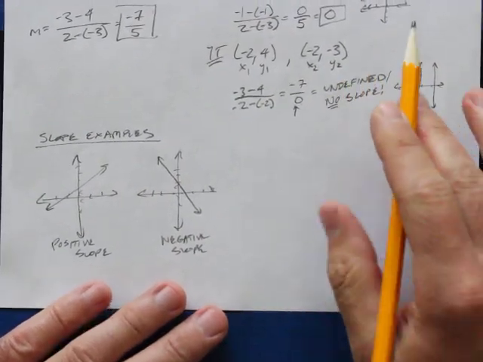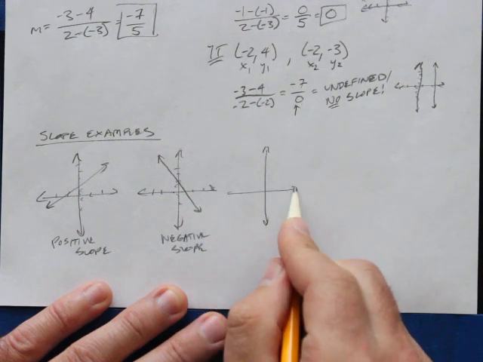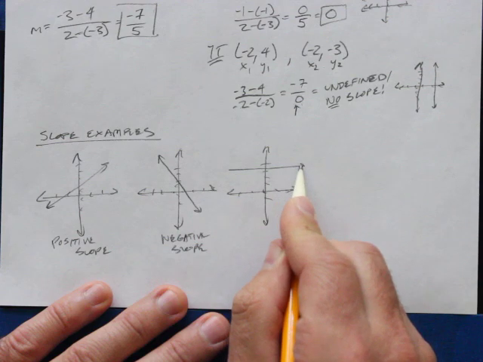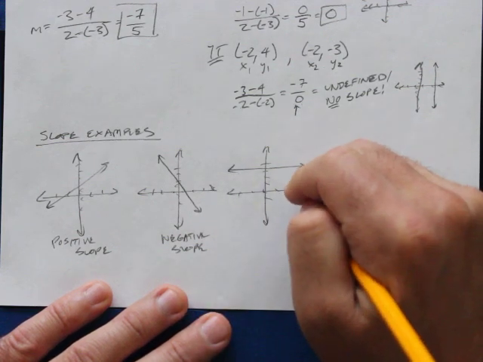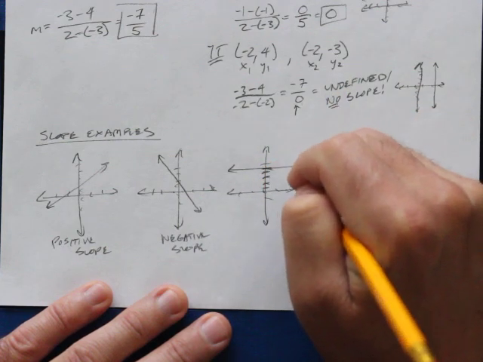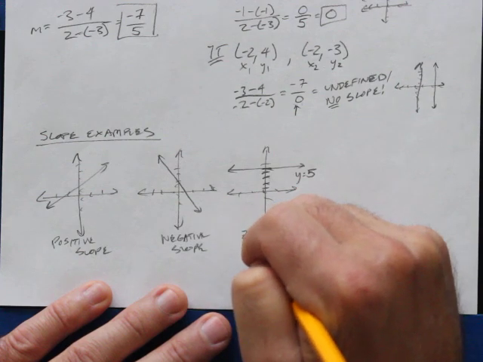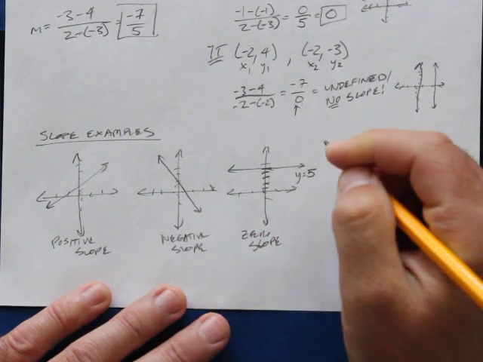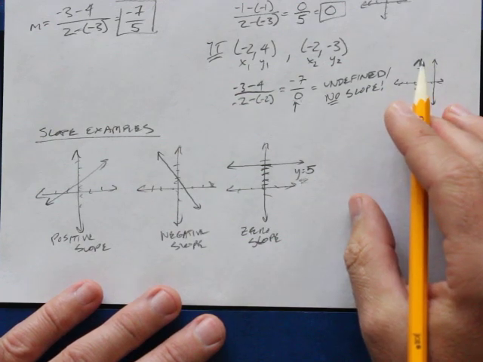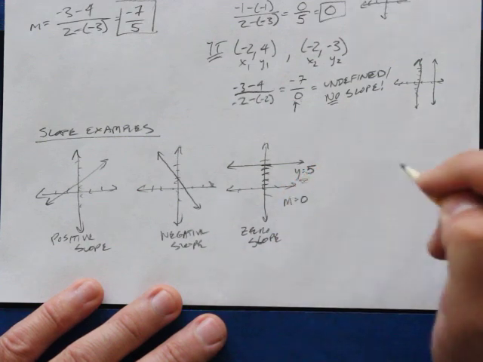And now I'm going to redraw these ones that we just looked at. I have a line that goes like this, something like y equals 1, 2, 3, 4, 5. This is 0 slope. So y equals a number, whatever it is. Your slope equals 0.